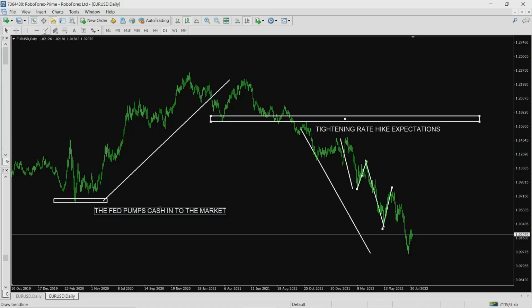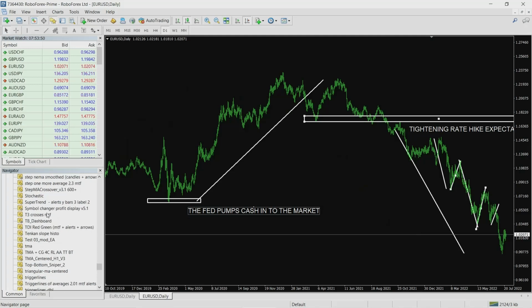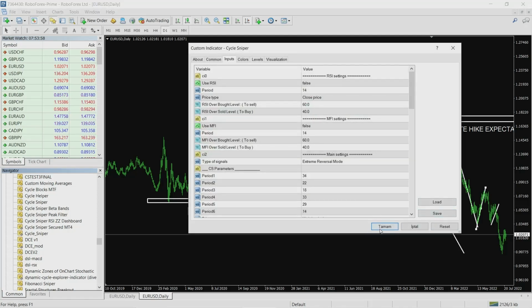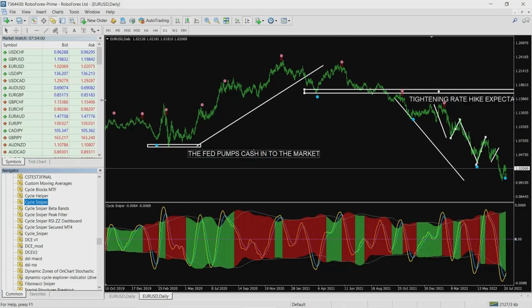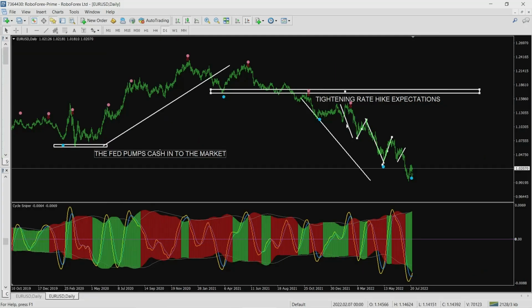Here we have a similar minor correction from here to here. With Cycle Sniper, we try to catch these waves, the cycles.